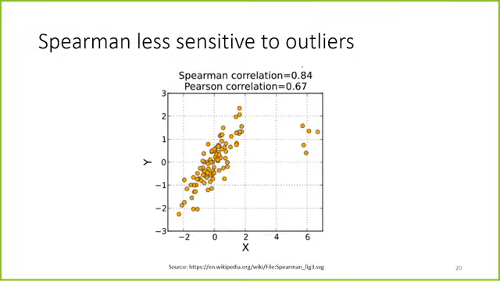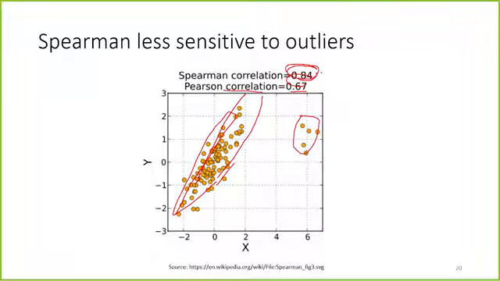What if we have outliers like this? These are outliers. Without outliers, the data are almost perfectly positively correlated, right? But Pearson correlation only gives you 0.67. Instead, Spearman gives you 0.84, which is very high. So should we use this or this?